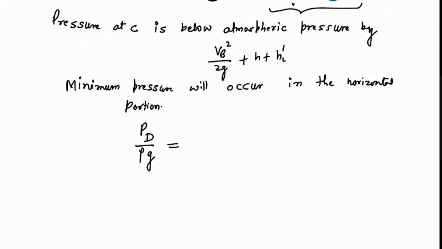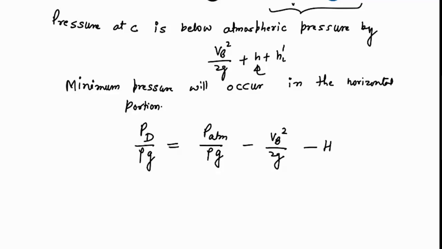So the C point becomes D. P atmospheric divided by rho g minus V_B squared by 2g minus H. This becomes capital H, and I'm neglecting the friction losses.